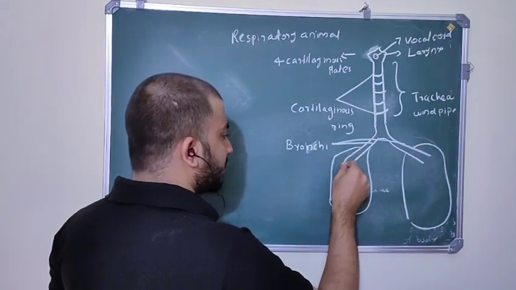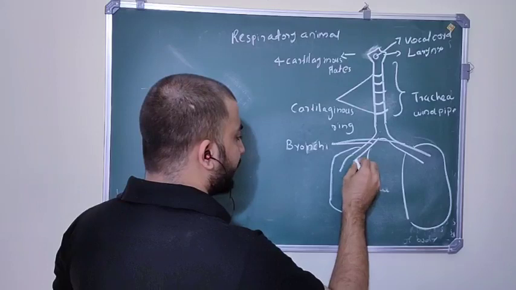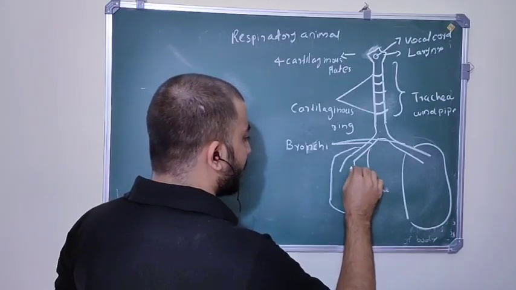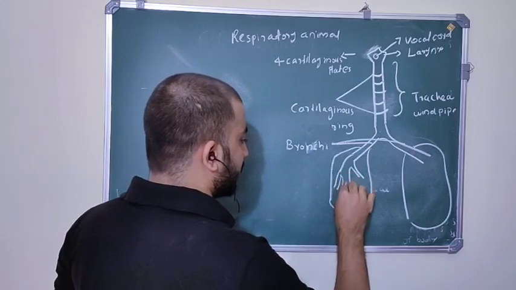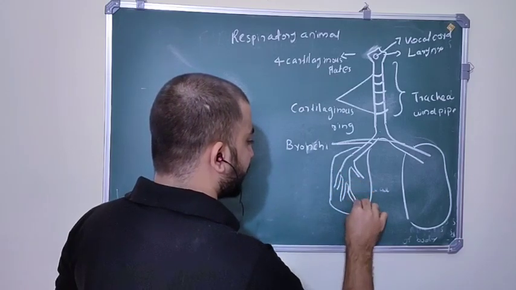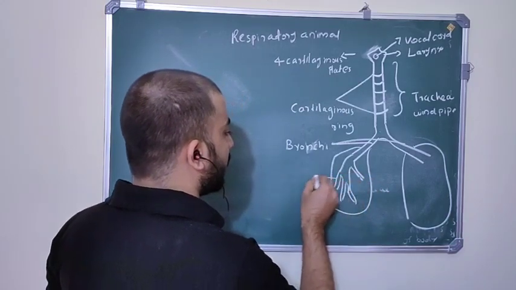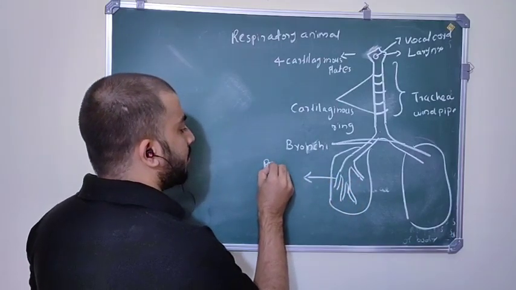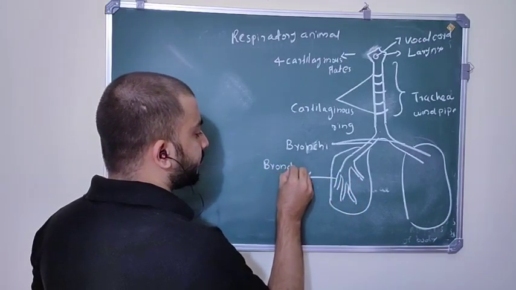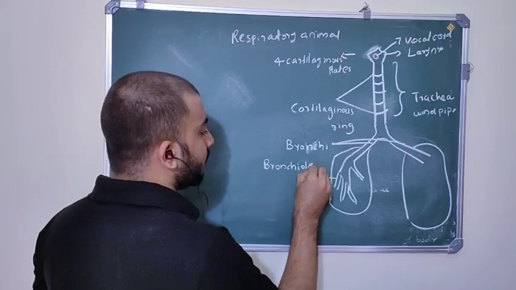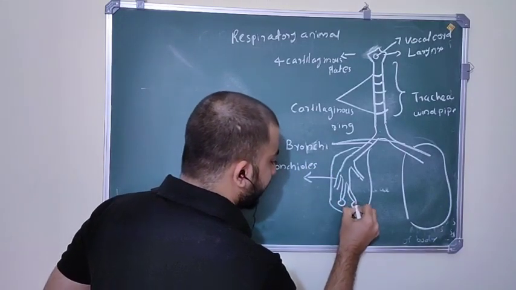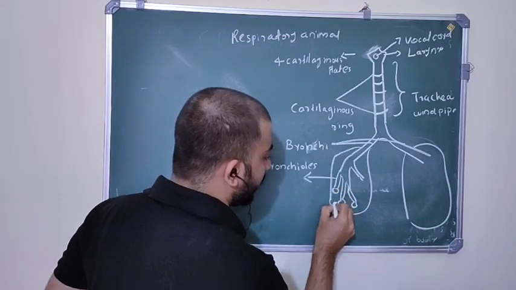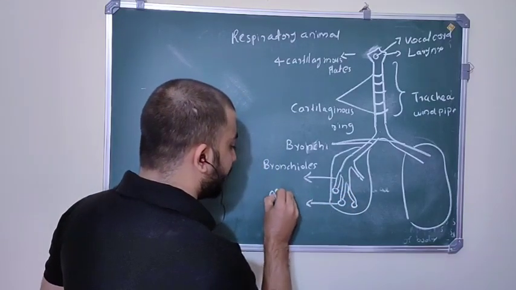Inside the lungs, these bronchi again divide into so many branches. Those branches are called bronchioles. And these bronchioles end with a balloon-like structure called alveoli.